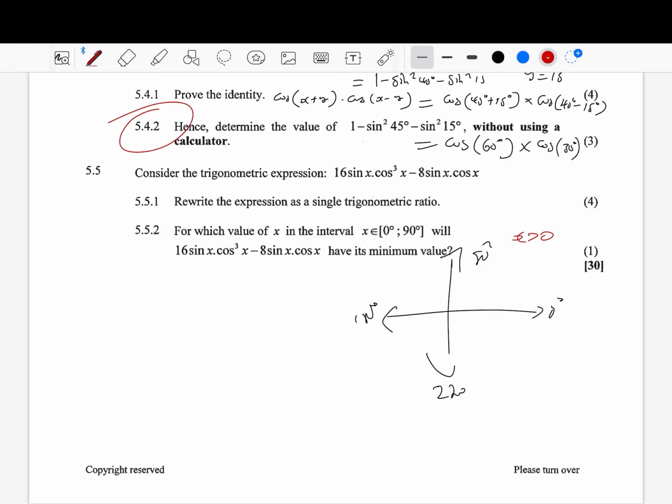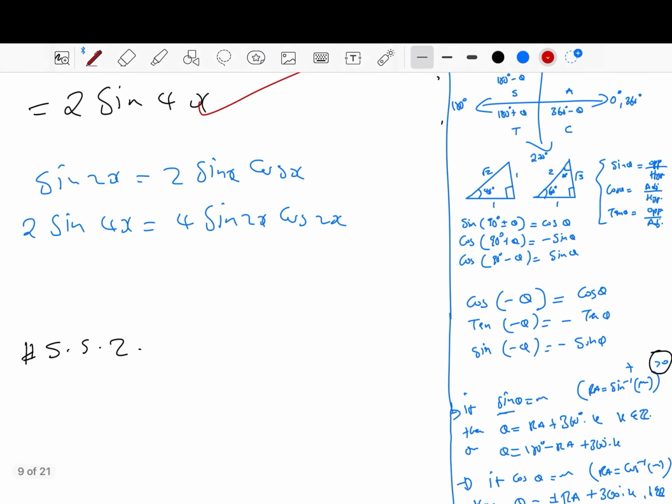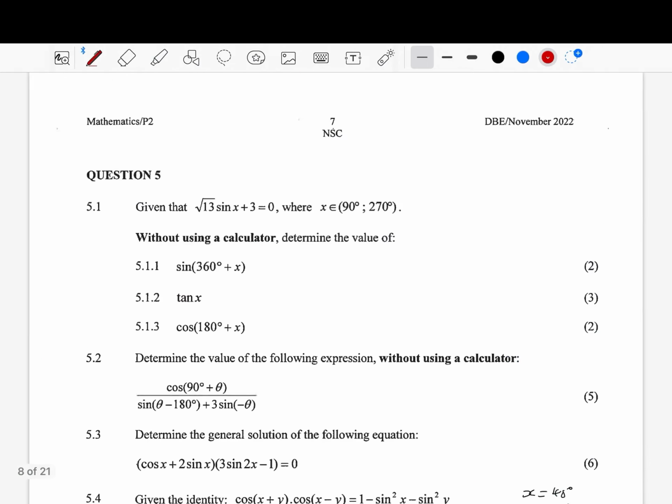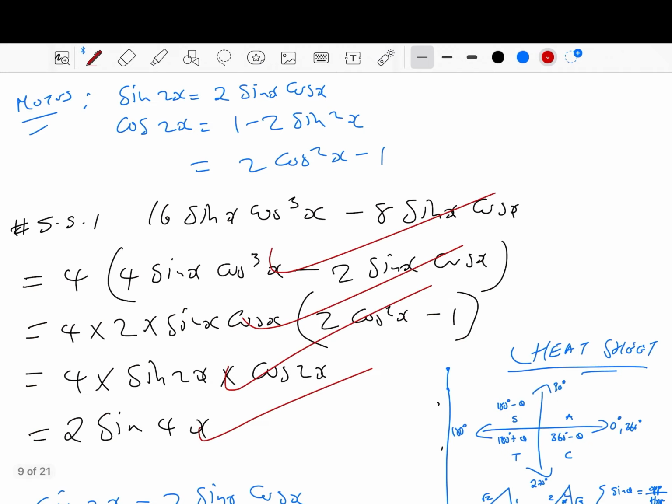This expression essentially is 16 sine x cos squared x minus 8 sine x cos squared x. We've already discovered this is equal to 4 sine 2x, right? No, it's 2 sine... How's it 2?